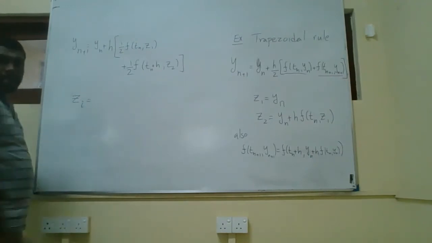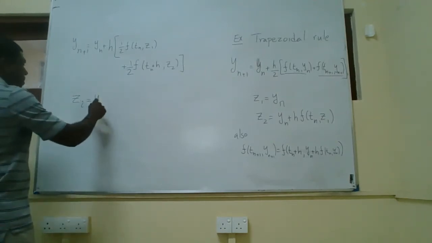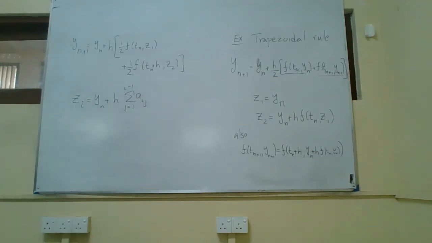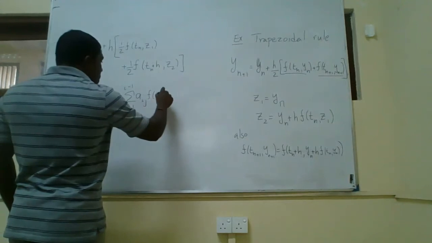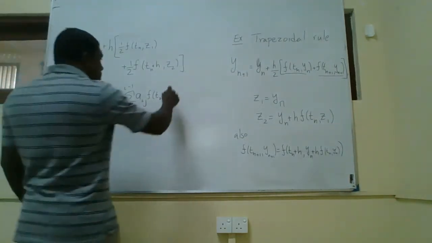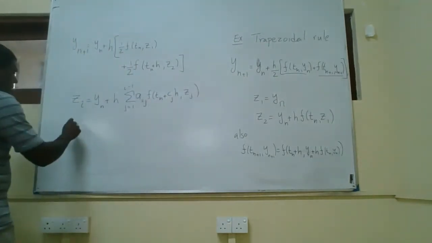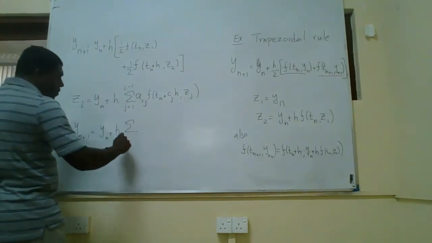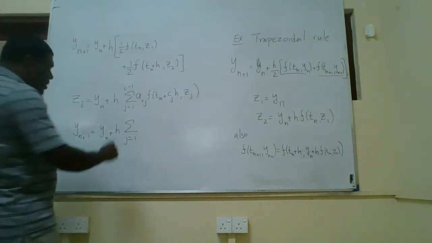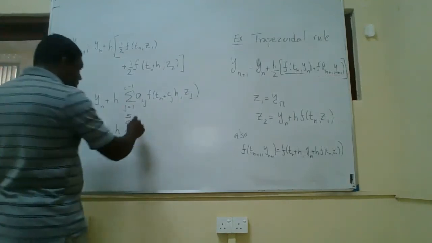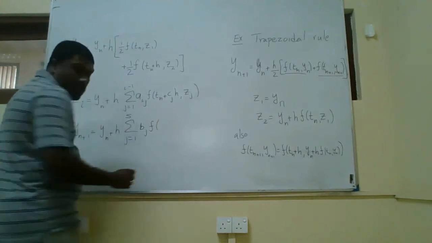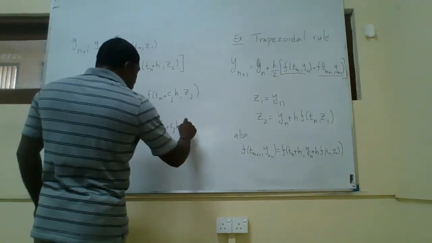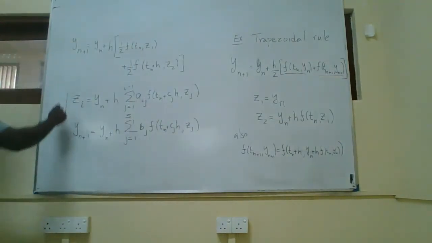You remember you write z_i as y_n plus h times the summation of j running from 1 to i minus 1 of a_ij f of t_n plus c_j h, z_j, and then y_{n+1} is equal to y_n plus h times the summation of j running from 1 to s of b_j f of t_n plus c_j h, z_j.